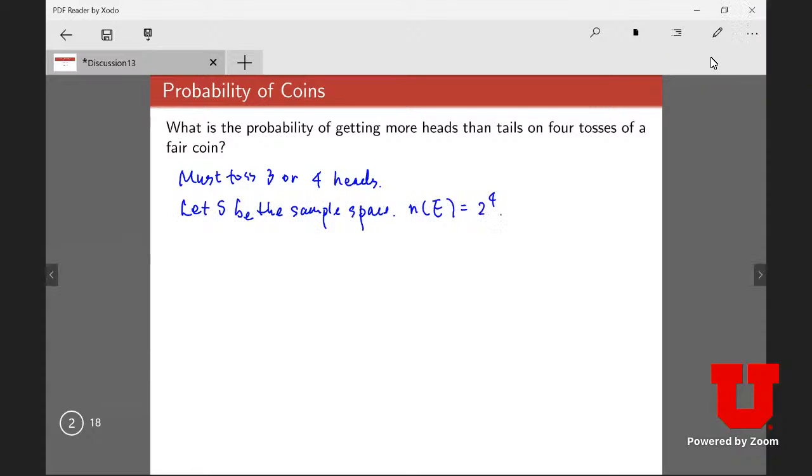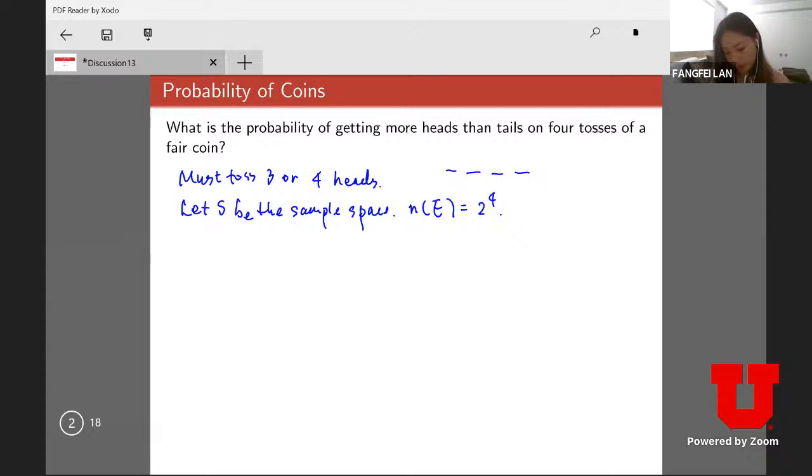Because each flip is a place in the sequence of flips and can have 2 values. So you have 4 spaces, and each one is either head or tail, so you have 2 choices for each space. That's 2 to the 4th. So we already know the size of the sample space.